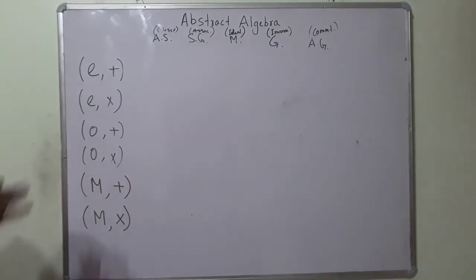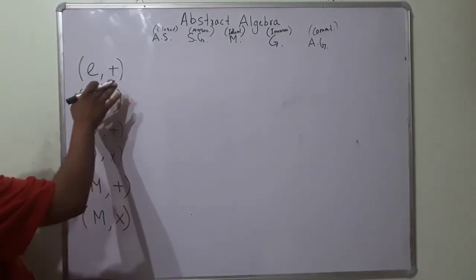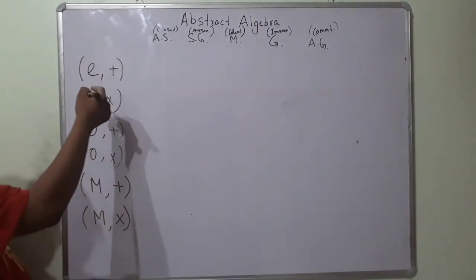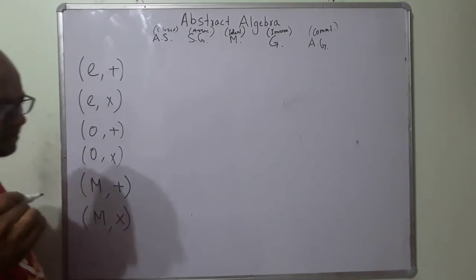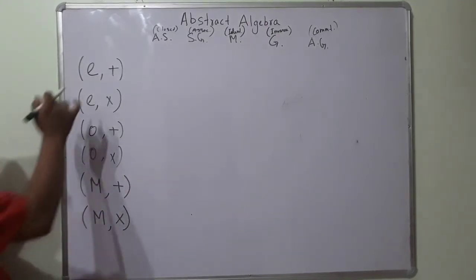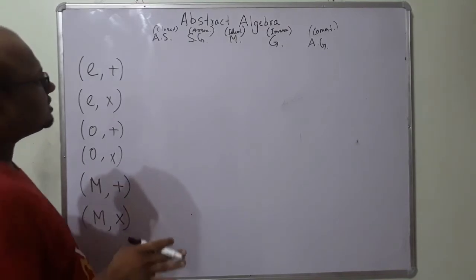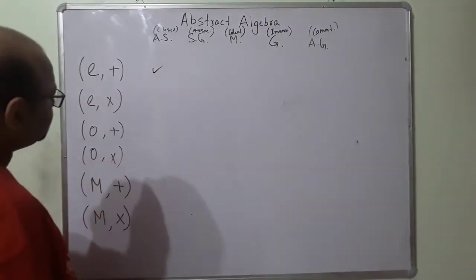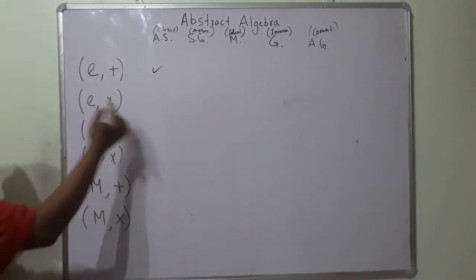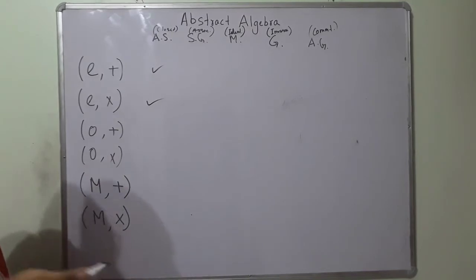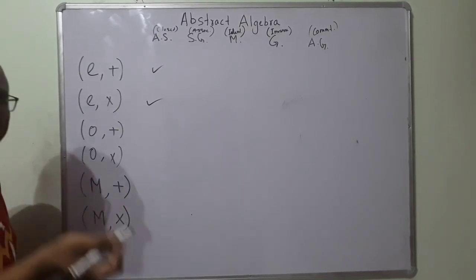E is the set of even numbers, O is the set of odd numbers, M is the set of all matrices. So when I add two even numbers, do I get back an even number? Yes, I do. When I multiply two even numbers, I get an even number. When I add two odd numbers, I get an even number.